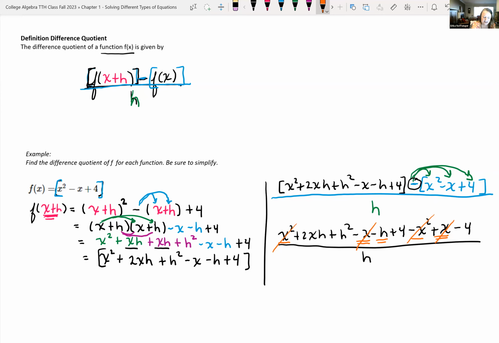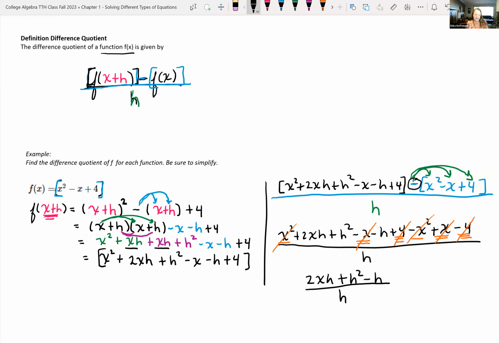We have a negative 4 at the end and a positive 4 here, and those cancel out. So left in our numerator, we have 2xh plus h squared minus h all over h.